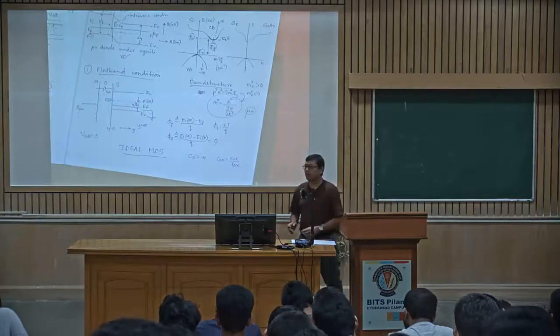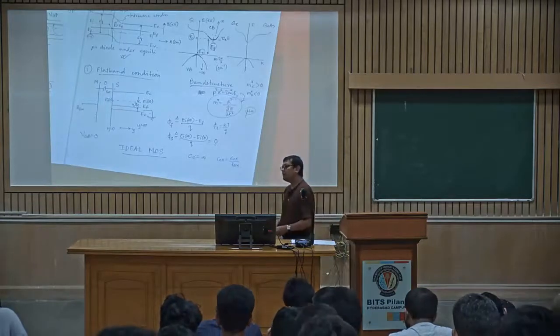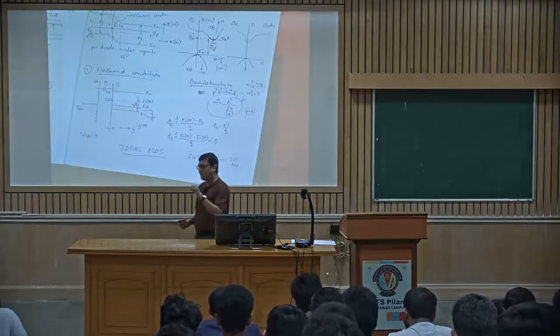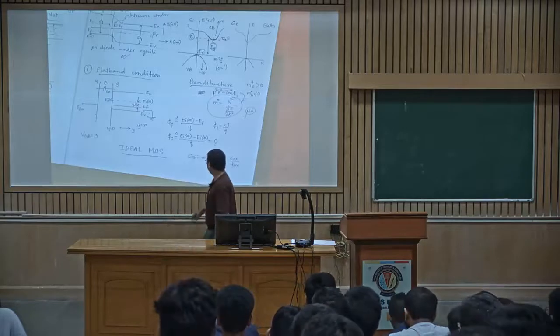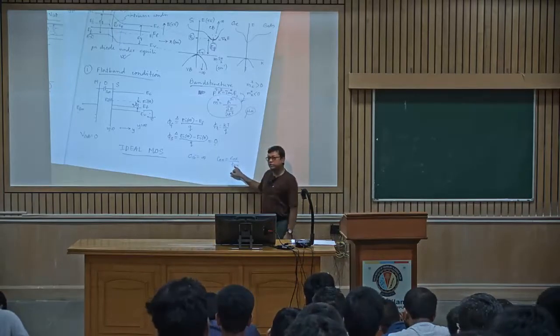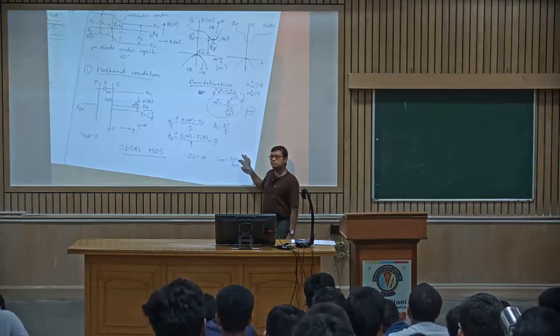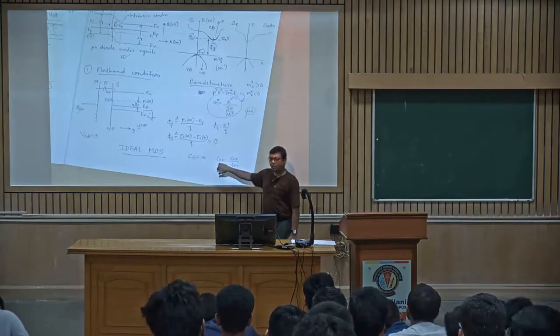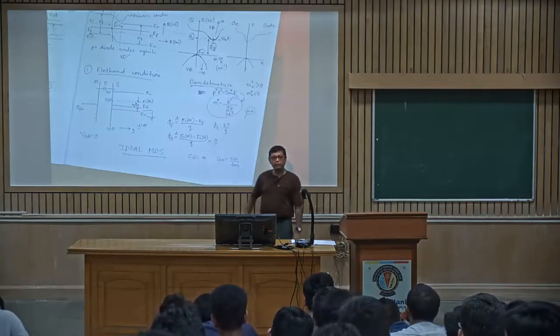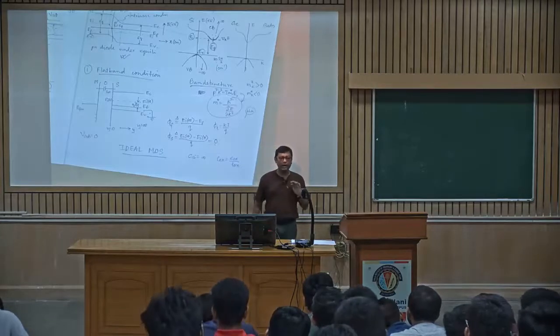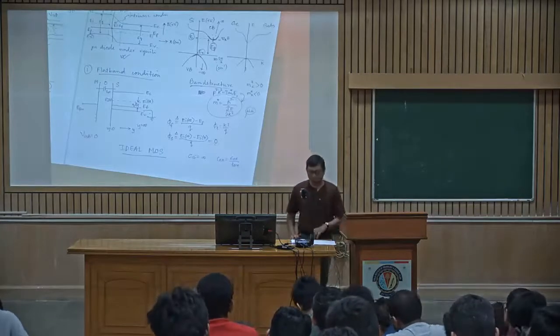Remember the formula for a parallel plate capacitor: epsilon A by D. That D part is this Tox. So whatever capacitance we are writing is in farad per centimeter square, per unit area. Just keep that in mind.